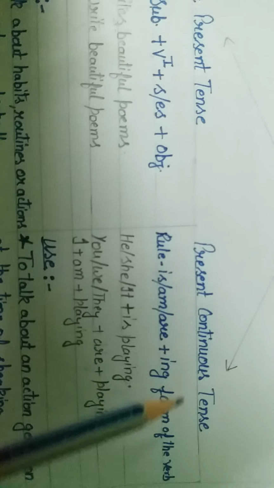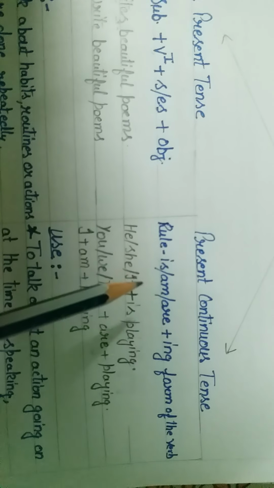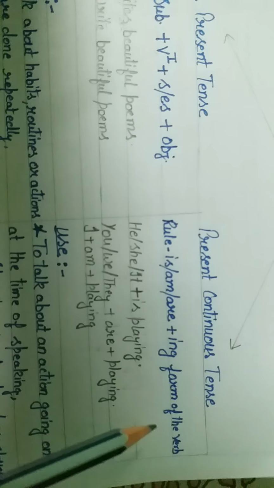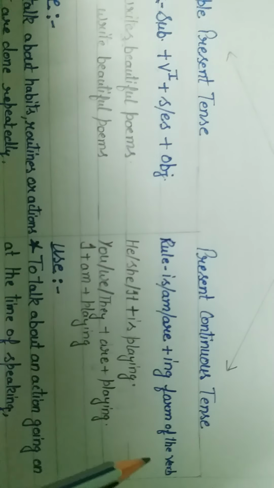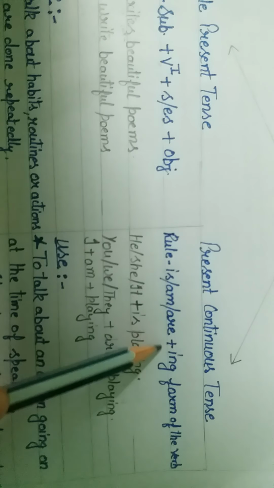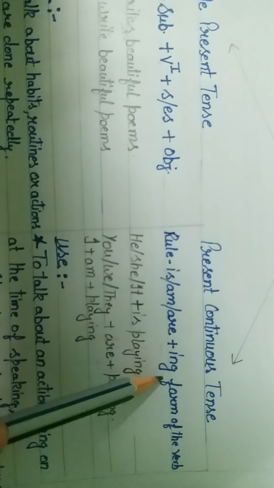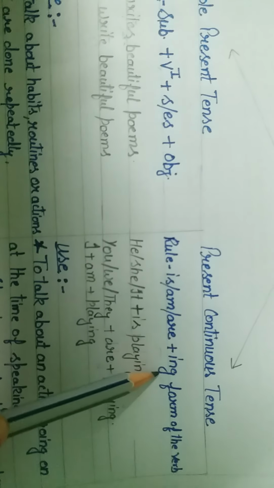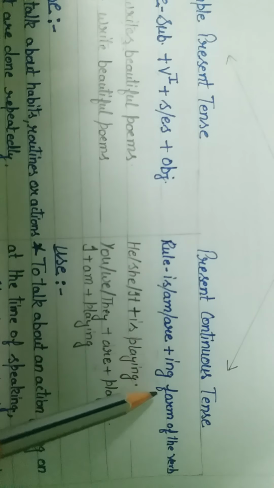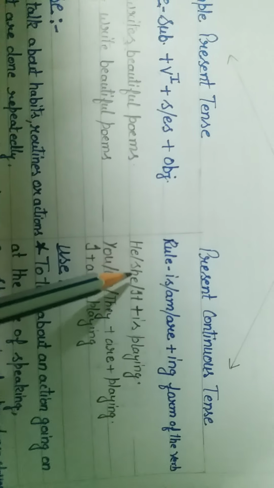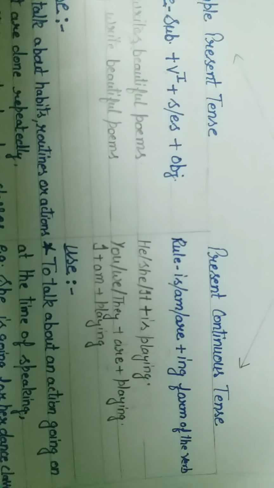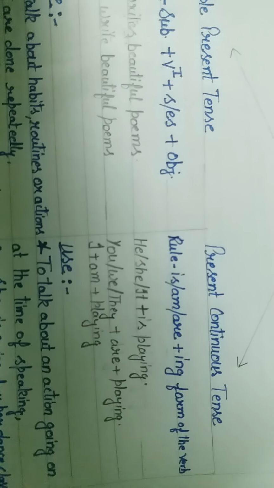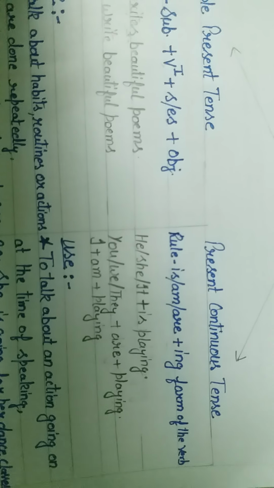Then what are the rules for present continuous tense? Rule: subject plus is, am, are plus ing form of the verb. Ing form means first form of the verb plus ing. And continuous means ing. Whenever there is ing, it means the tense is in continuous form. For example, he, she, it plus is. With he, she, it, whenever subject is singular, third person singular, we use is.